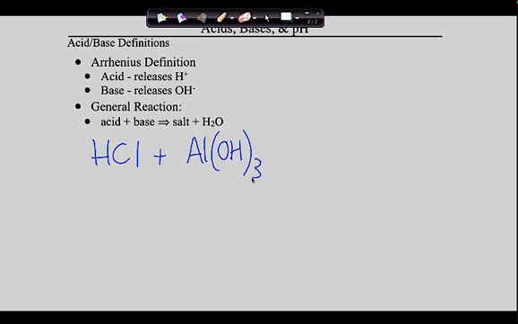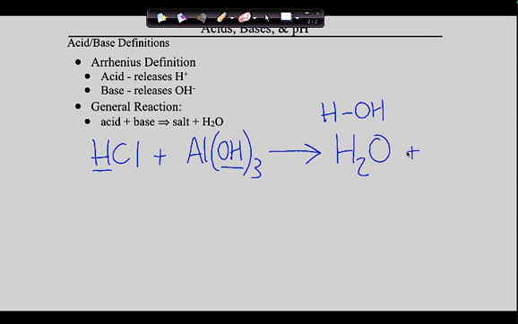So what is this going to form? As this reaction takes place, we know that the acid is going to release hydrogen and the base is going to release OH. And what does that make? That makes water, because remember, water we can think of as HOH.